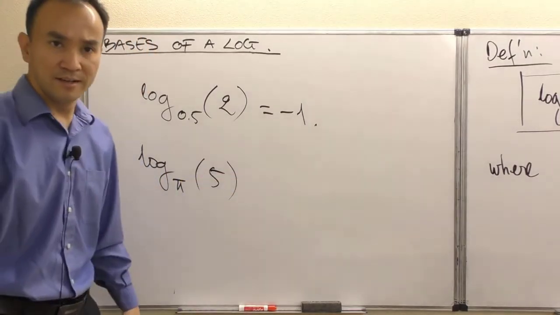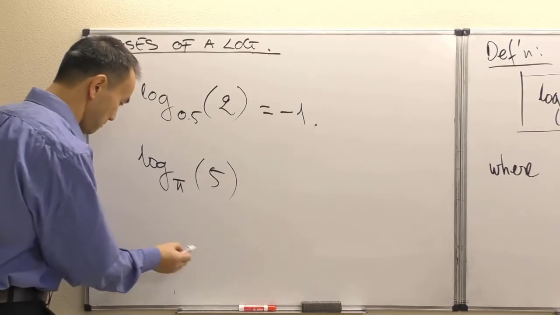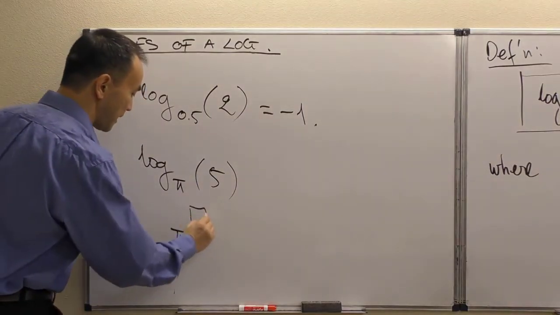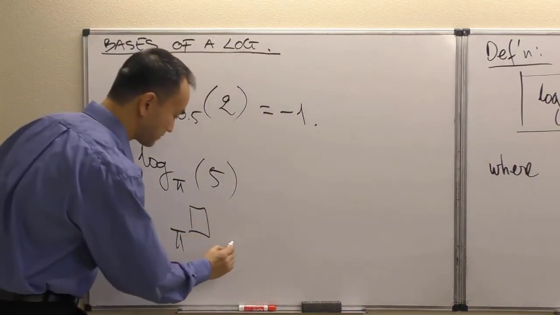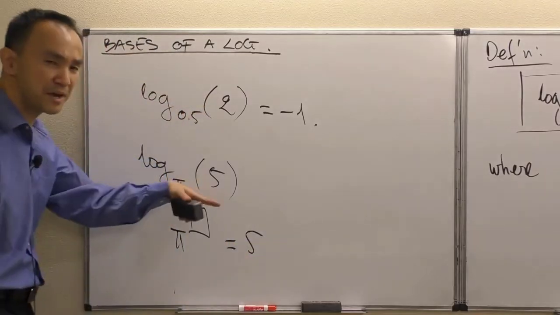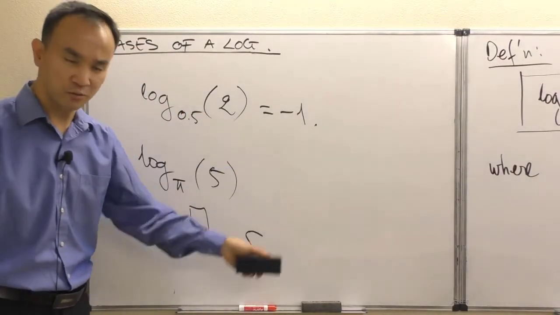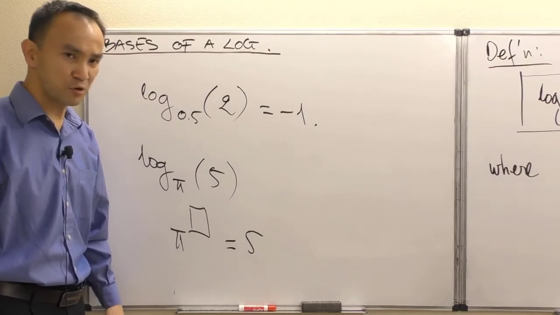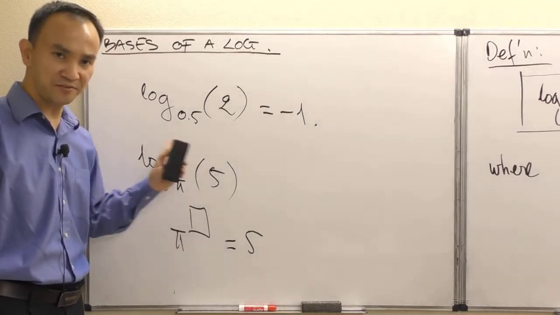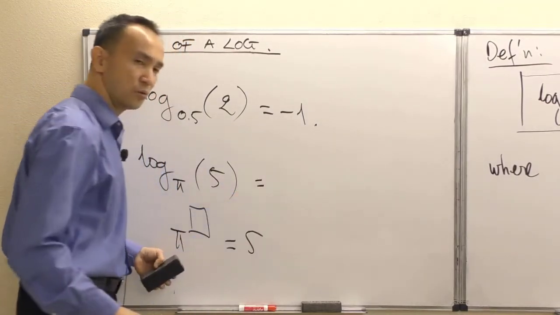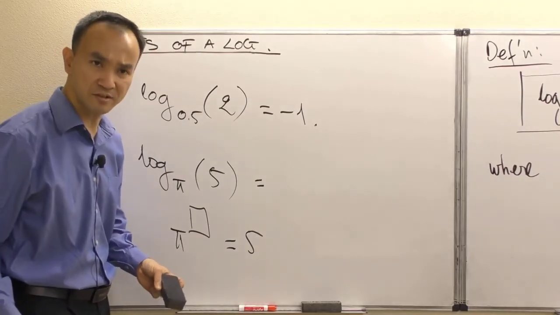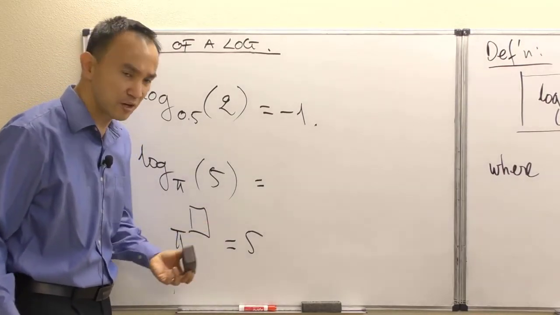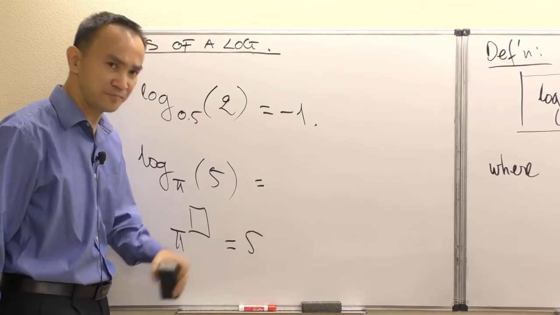That means we just need to find out, what power of base pi, of base 3.14, equals 5? But of course, I'm not saying that we can get the answer here with the mental math capability that we have. Don't get me wrong on that.